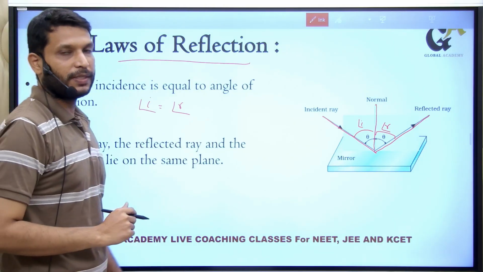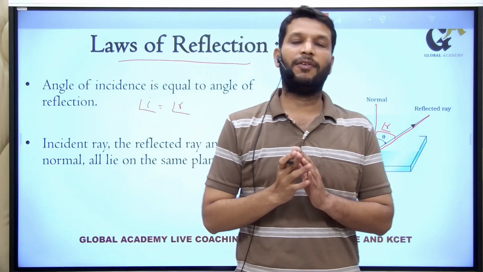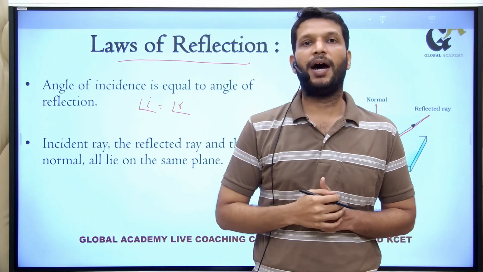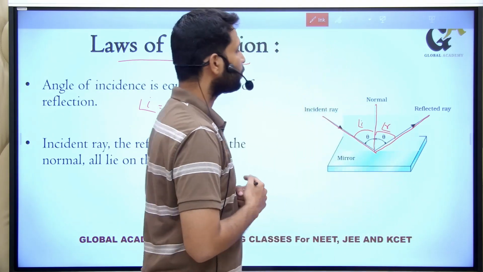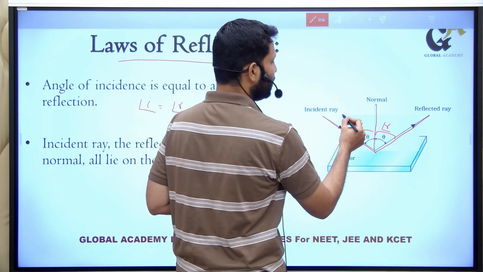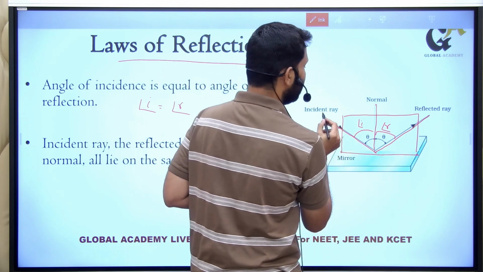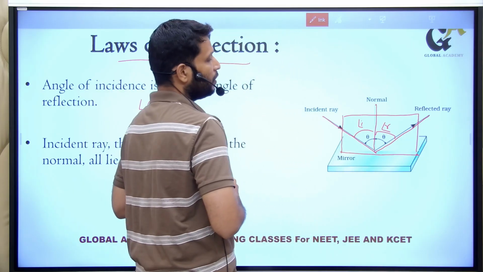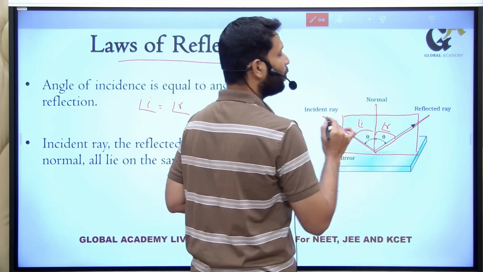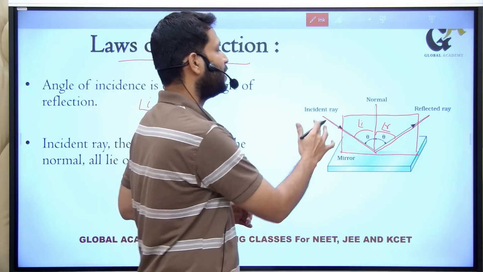So second law says the incident ray, reflected ray and the normal drawn lie on the same plane. It means, if you consider the plane of the paper along which the incident ray falls, then the reflected ray and the normal all lie on the same plane of the paper.